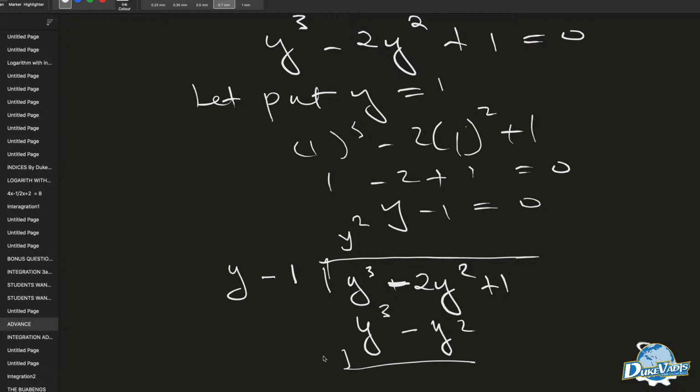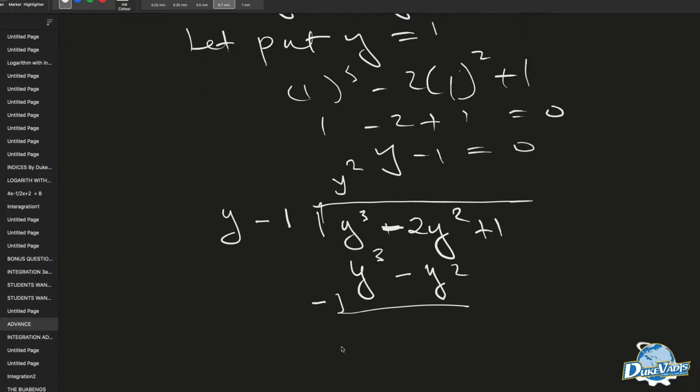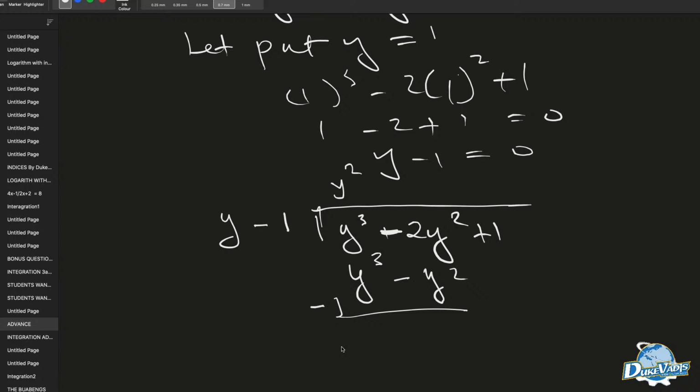Then we subtract. When we subtract, we get minus y squared plus 0y plus 1, because we have 0y here too.